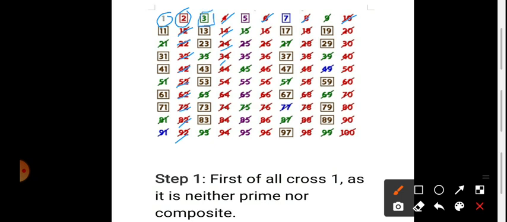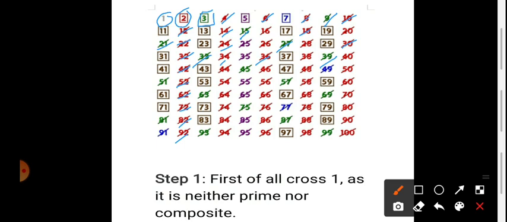Encircle 3 and cross all the multiples of 3. 9, 15, 18 we have already crossed, 21, 24 already crossed, 27, 30 already done, 33, 36 already done, 39. Similarly, we have to cross all the multiples of 3.